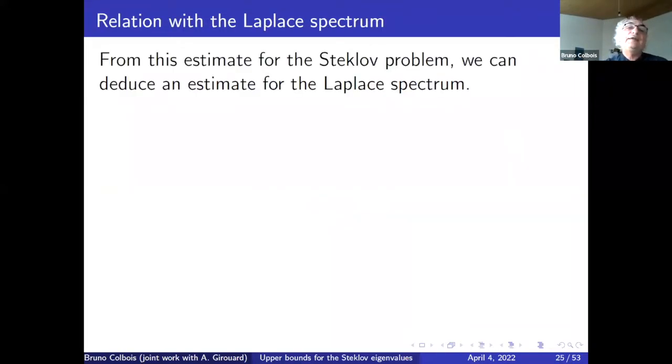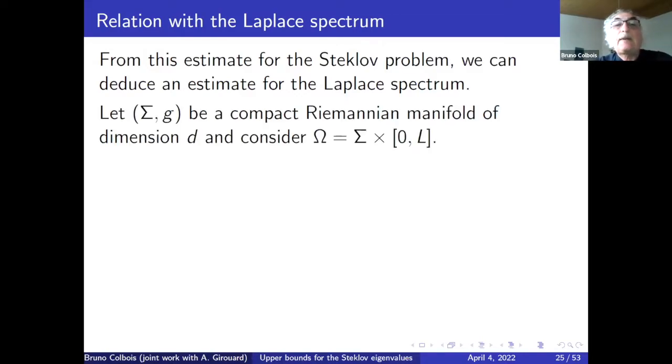It's interesting to say that from this estimate for the Steklov problem, one can deduce an estimate for the Laplace spectrum. How can we do this? I can come back to my initial example. My initial example of a product was a relation between the Steklov spectrum and the Laplace spectrum.